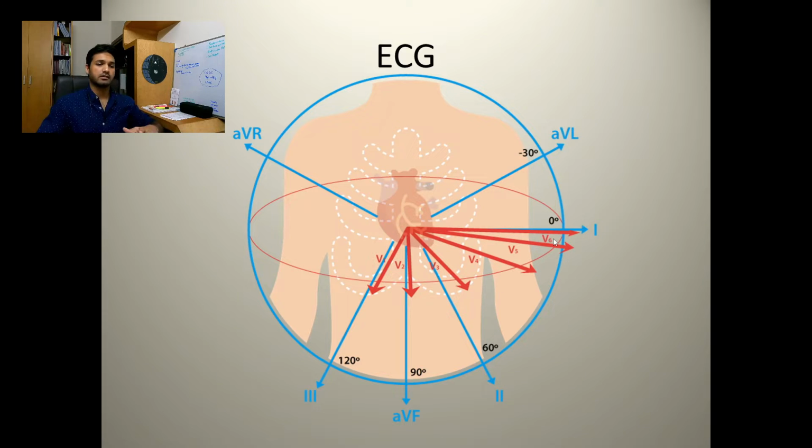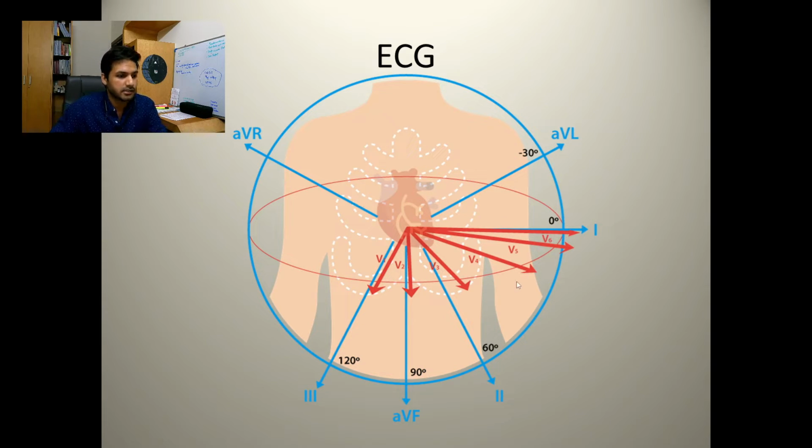Now, sometimes questions will say V6, 8, and 9. As you go from the anterior to posterior, it goes from V6 to V7, V8, V9. So V7, 8, and 9 are good to detect posterior wall MI. But right now you should just concern yourself with V1 to V6.